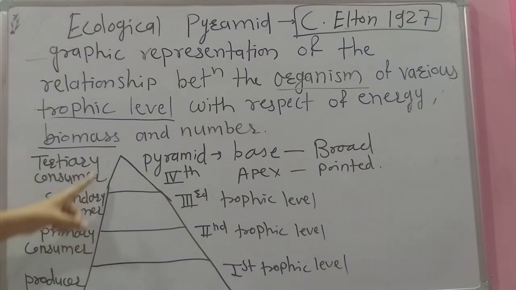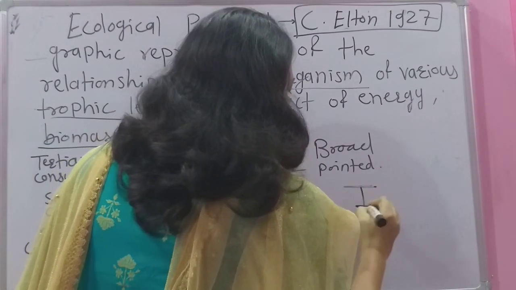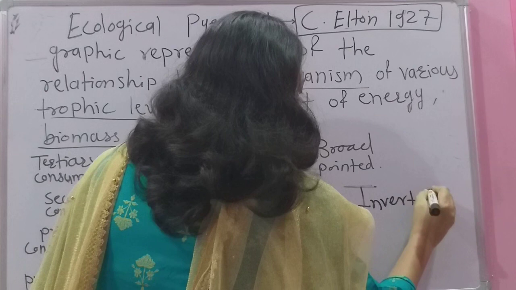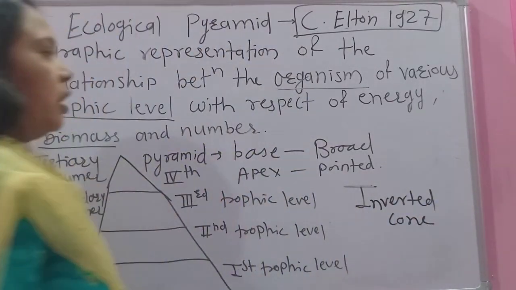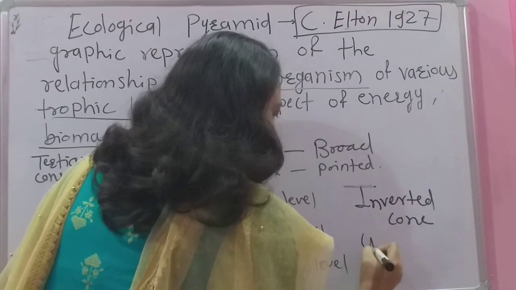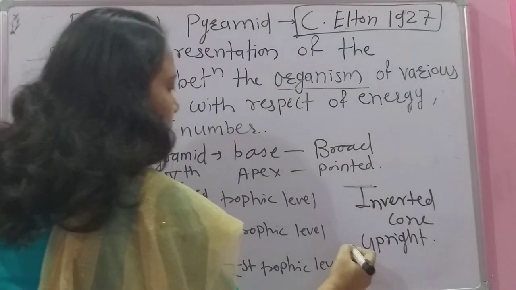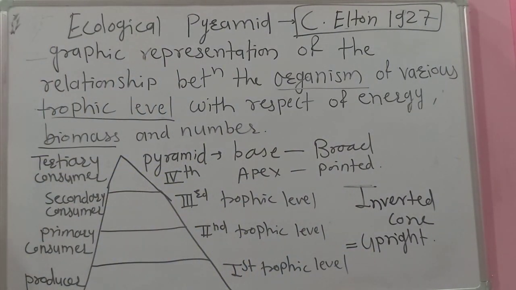The shape of the pyramid is triangular, with a broad base and a pointed apex, just like an inverted cone, and the shape of the pyramid is upright. This is the definition and the shape of the pyramid.